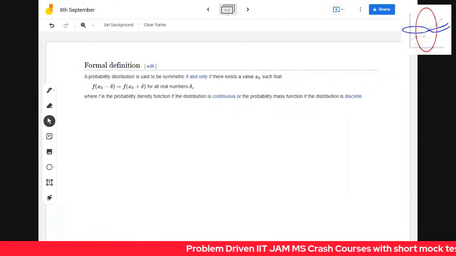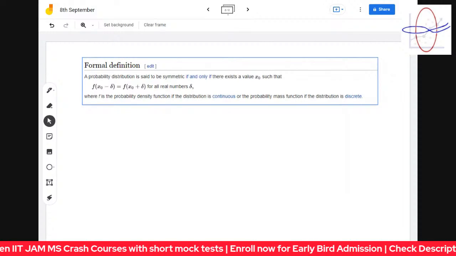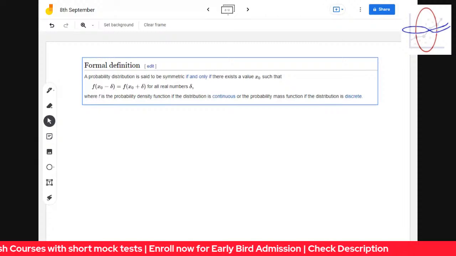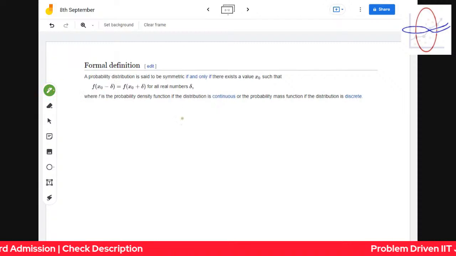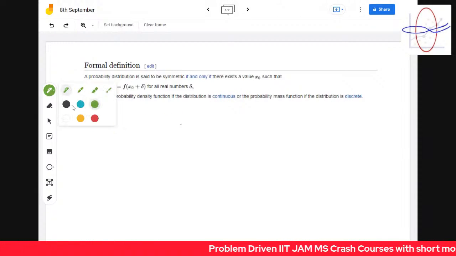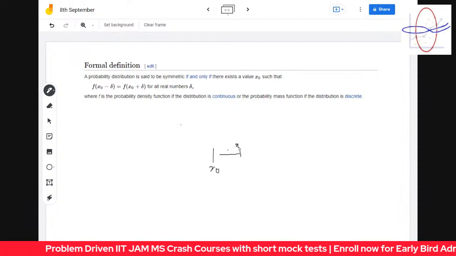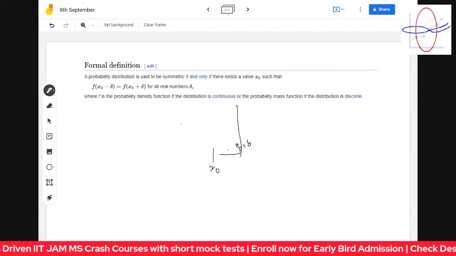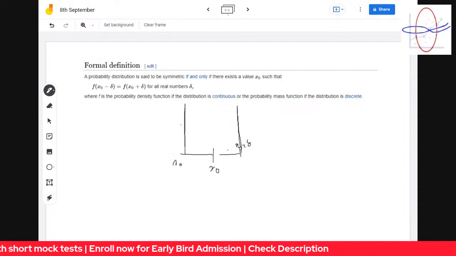As per the definition on Wikipedia, a probability distribution is said to be symmetric around x naught if there exists a value x naught such that, if this is the PDF for a continuous random variable, then f of x naught plus delta, whatever the height of the density is here, will be the same as the height of the density at x naught minus delta.